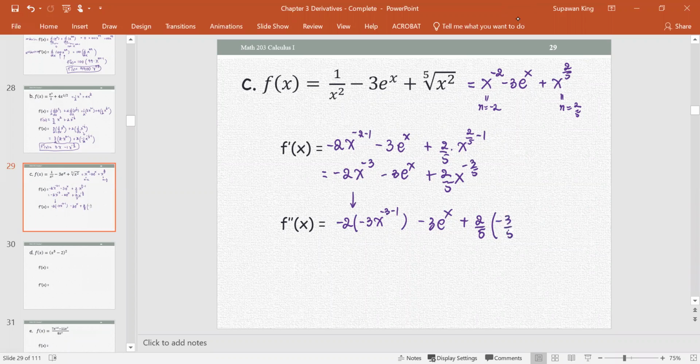The power becomes a coefficient. The new power is negative 3 over 5 minus 1. Simplify the power and adjust the product of the coefficient. Negative 2 and negative 3 multiply to be positive 6, x to the power negative 4, minus 3 e to the x. The last term, 2 times negative 3 gives us negative 6 over 5 times 5, 25, x to the power negative 8 over 5, as the second derivative of this function.